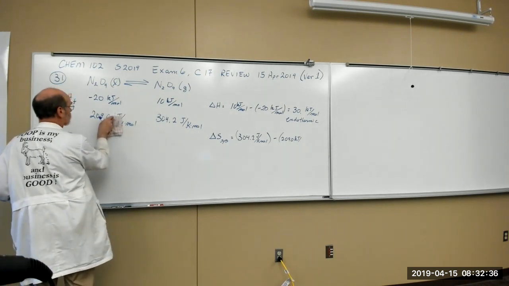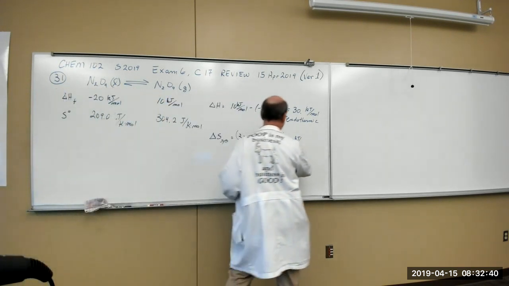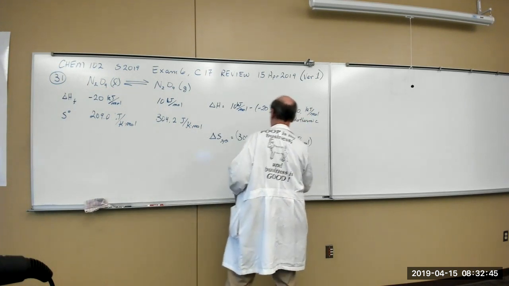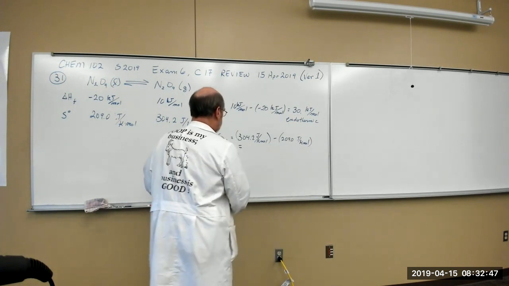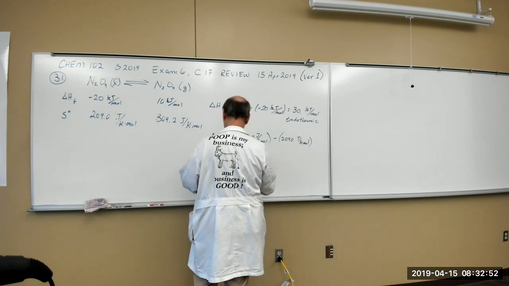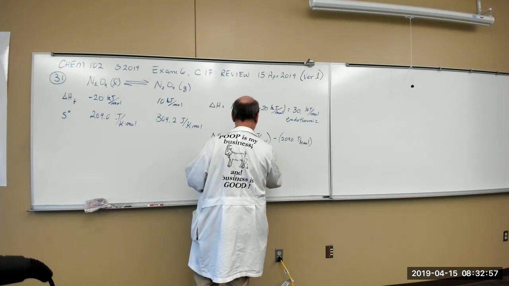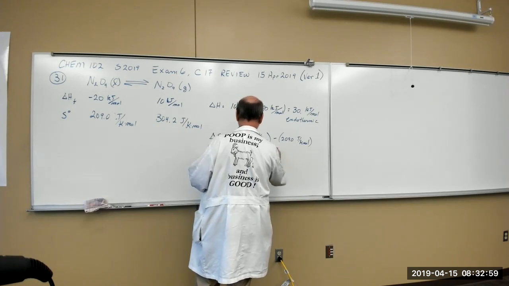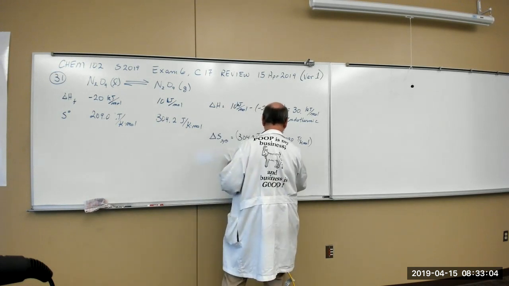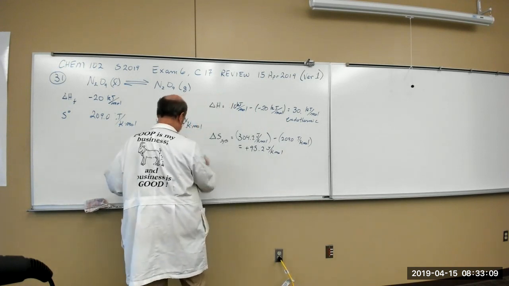Yeah, put the right K. It's joules. Okay. So now that would be this one minus that one, which should be 95 joules per K mole. Okay, that's a positive delta S for the system.